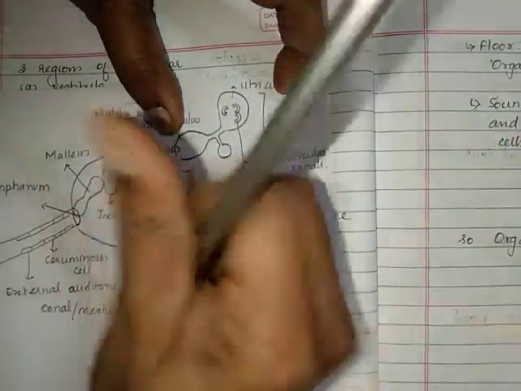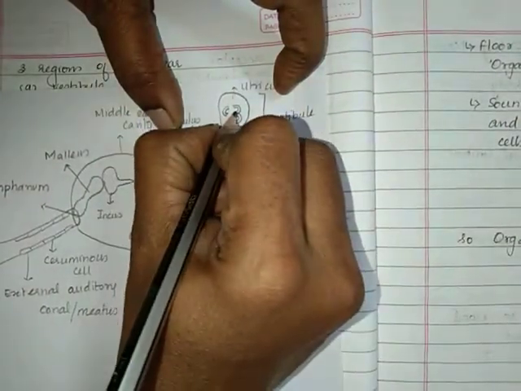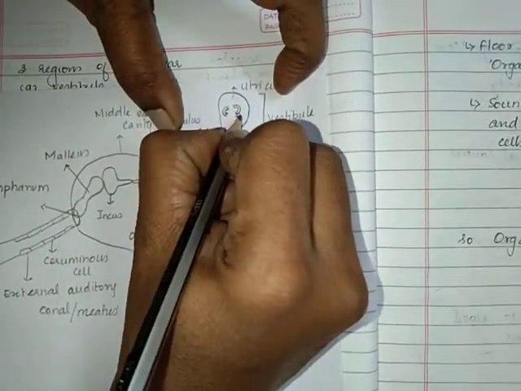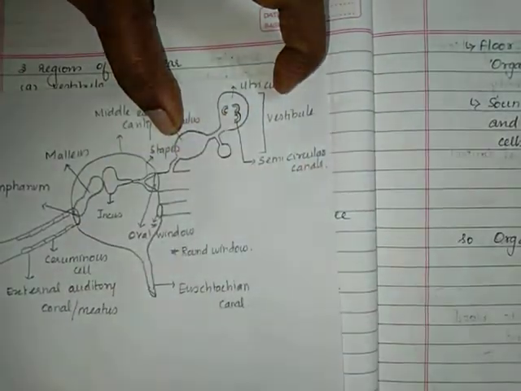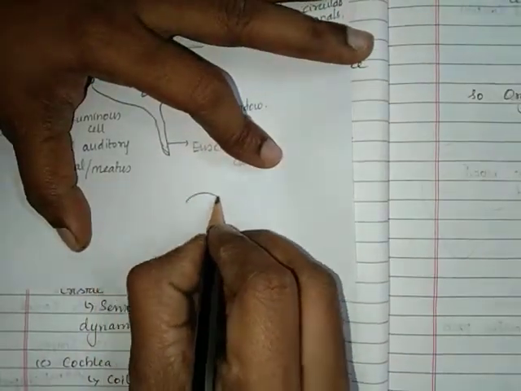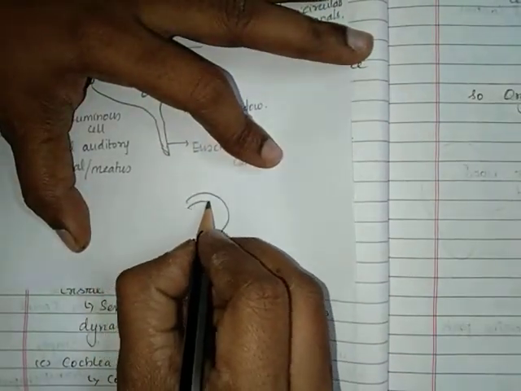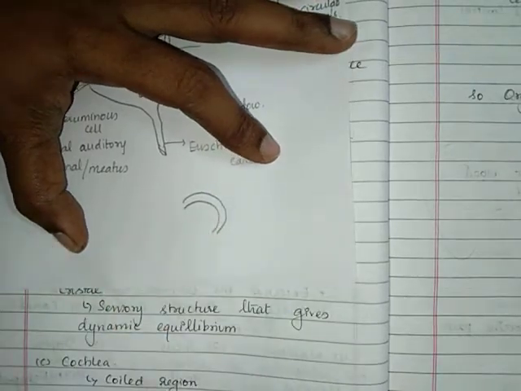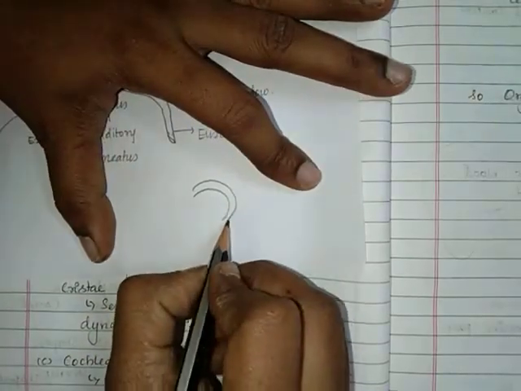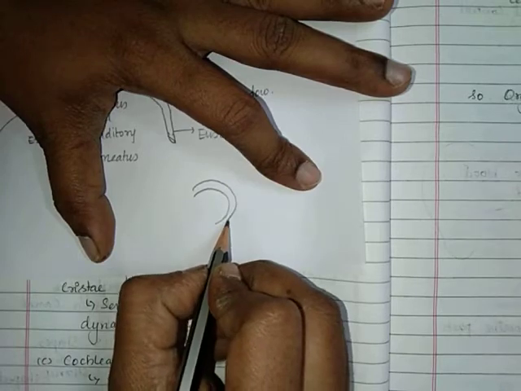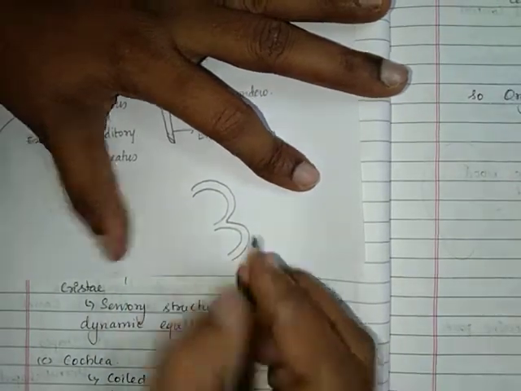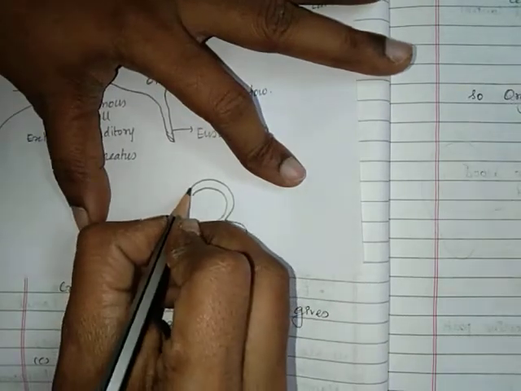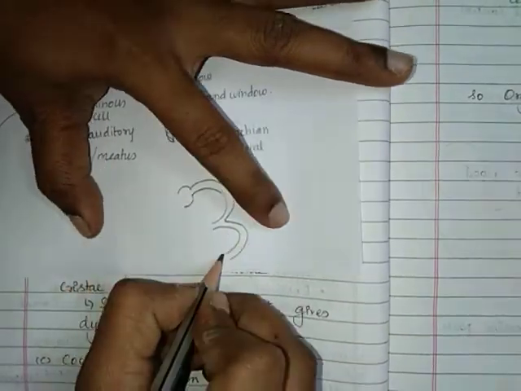So when they open inside, this is where these two semicircular canals meet. I'll draw it a little bit separately so that you understand it more clearly. If this is one semicircular canal and this is another one, they are going to have a common opening, and they open into the utriculus in this region.